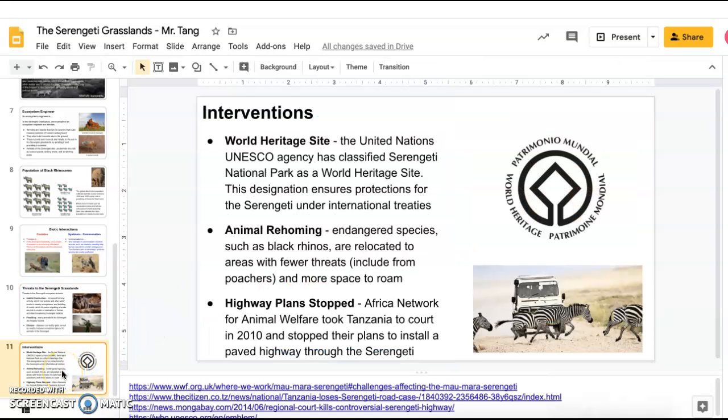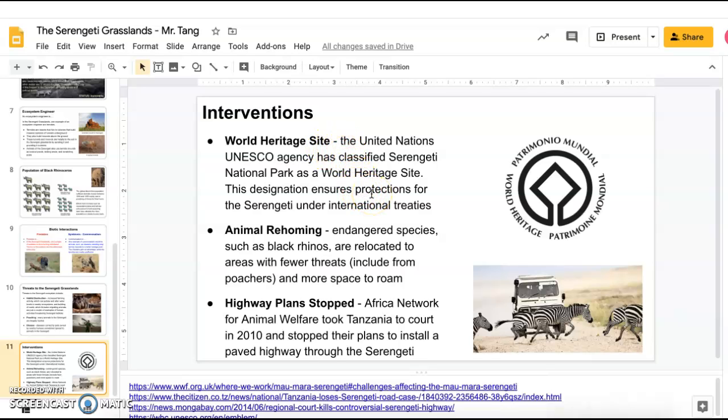And now an example of slide number 11 about interventions. You have to have 3. So one major one I chose was that the Serengeti is classified as a World Heritage Site. That's a classification that can be given by an agency called UNESCO, which is part of the United Nations. And so if a place in the world is designated as a World Heritage Site, then it's protected.